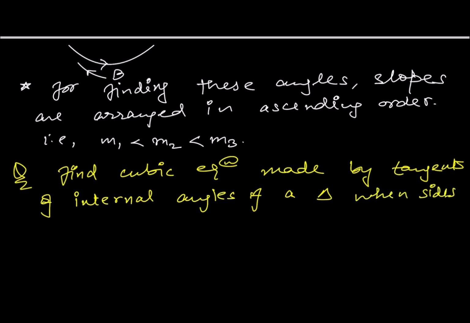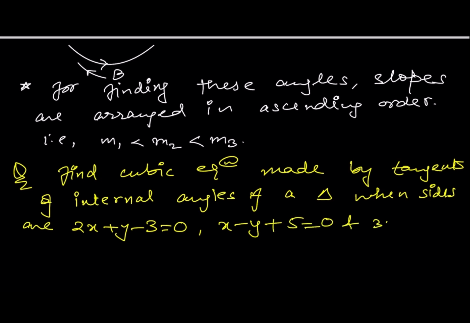When sides are 2x plus y minus 3 is equal to 0, x minus y plus 5 is equal to 0, and 3x minus y plus 1 is equal to 0. So here, students, three equations of lines are given which are representing sides of a triangle.